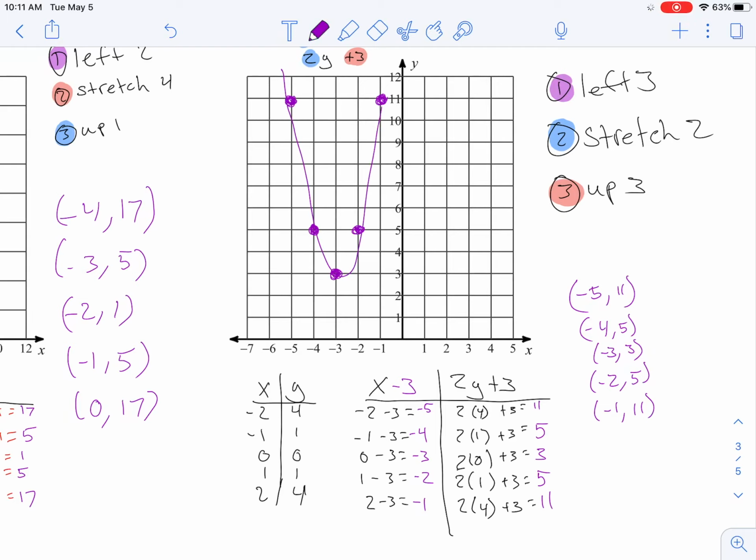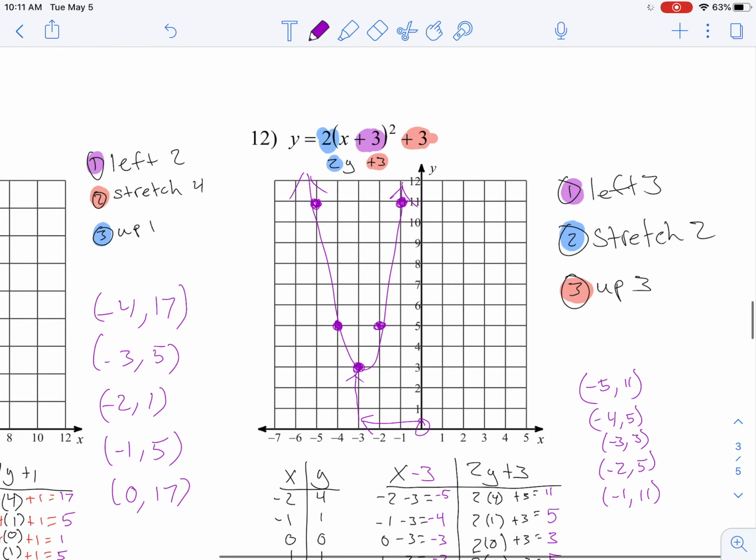And there we have a stretched parabola that from the origin moved left 3 and up 3 to get our new vertex. And this is called vertex form. Vertex is the opposite, negative 3 and the same, positive 3. Look, that's our point here.